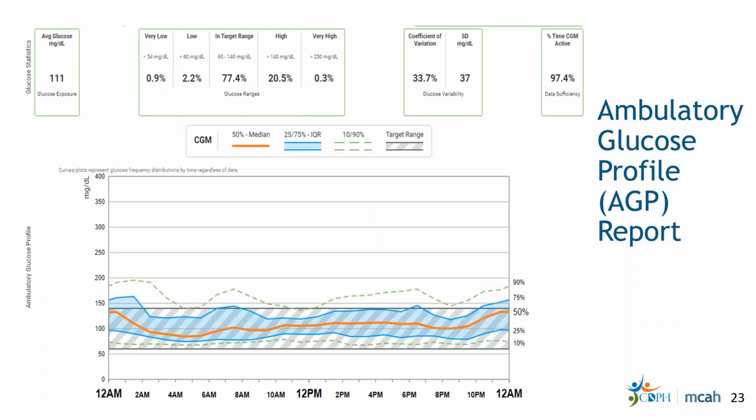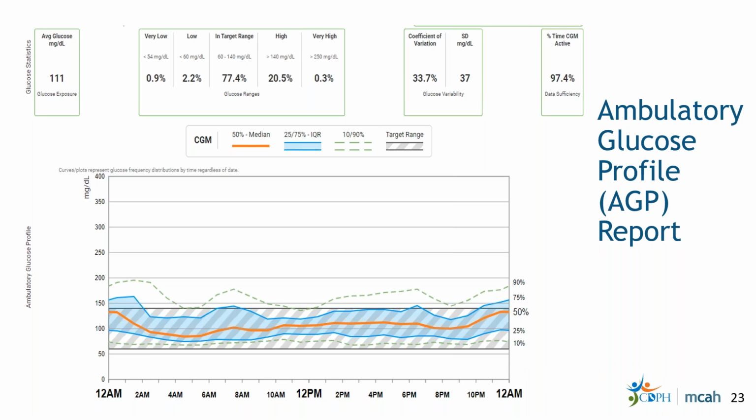So here is her ambulatory glucose profile report. And the way that these reports work is at the top of the report, you have the CGM key metrics. And then the second component of the report is the AGP itself, the ambulatory glucose profile, which that orange line represents the median. The blue shaded area represents where glucose values run the 25th to the 75th percentile.